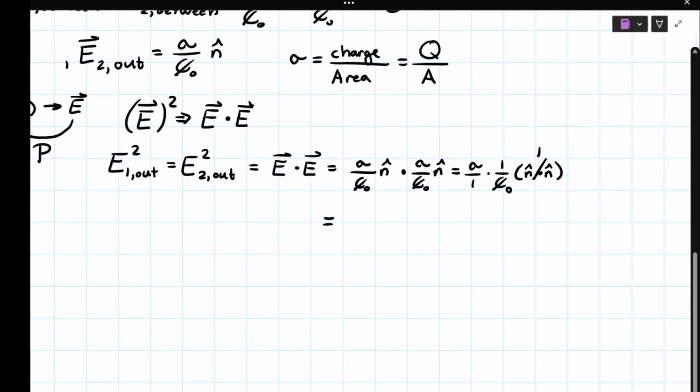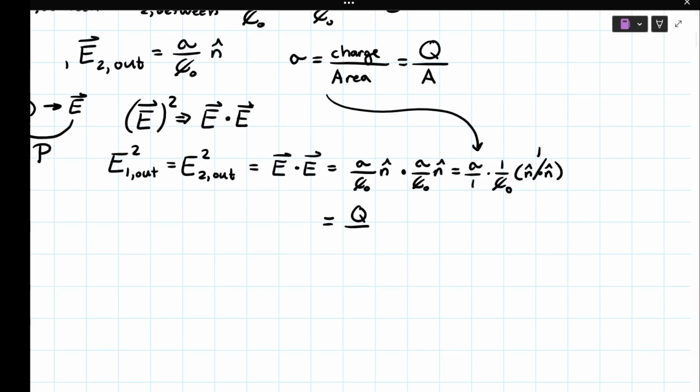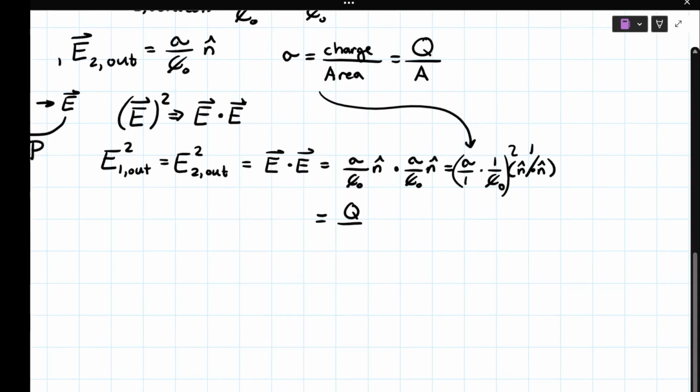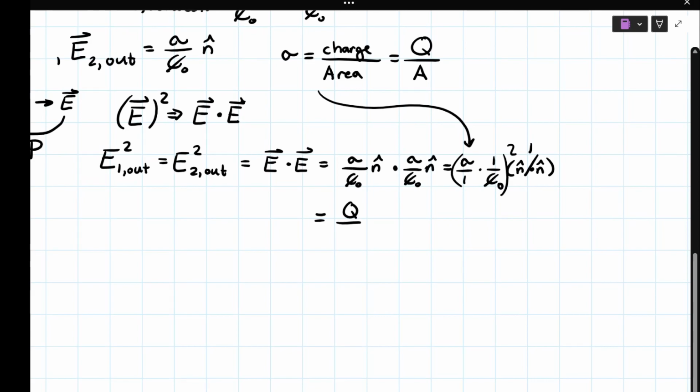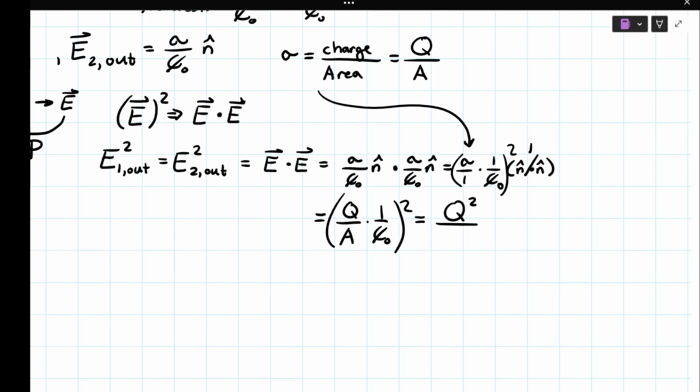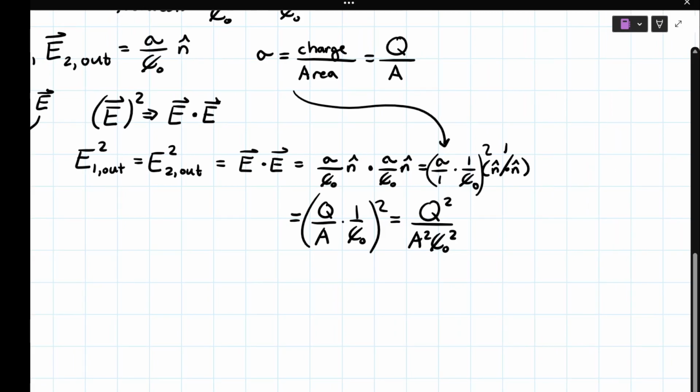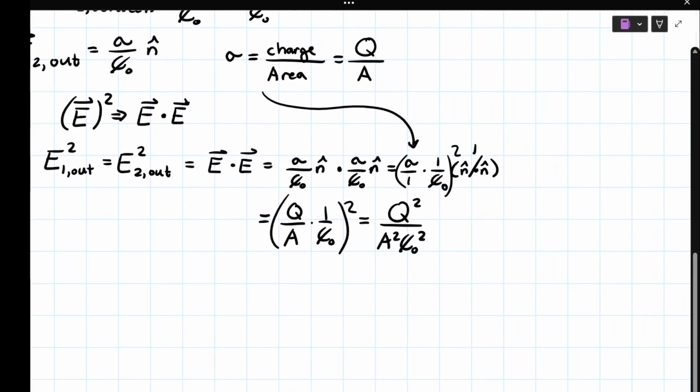Then we replace our sigma with what we found it to be, Q over A, and it's important to see that this is all squared. So we have Q over A times 1 over epsilon naught, all squared, equals Q squared over A squared times epsilon naught squared, and that is equal to E squared.